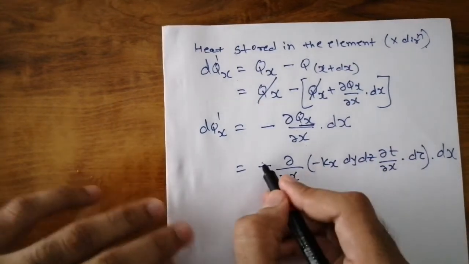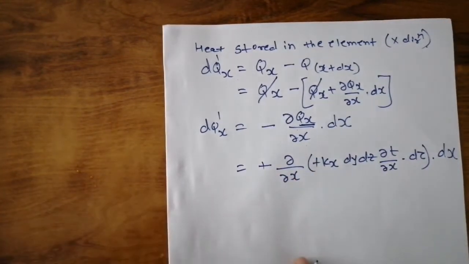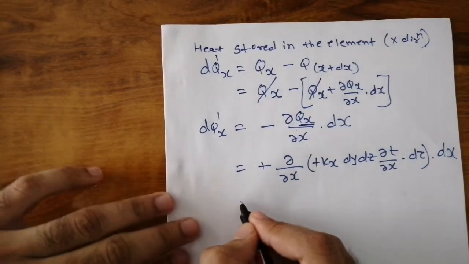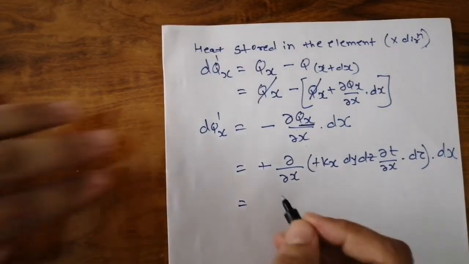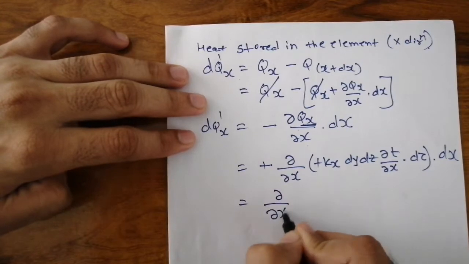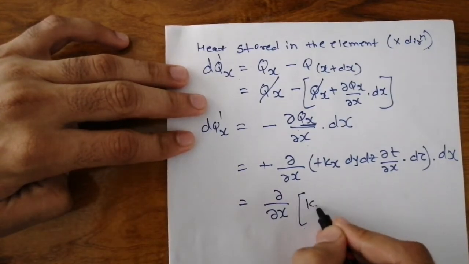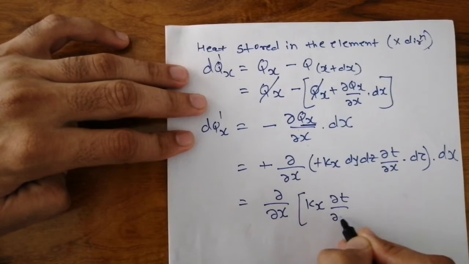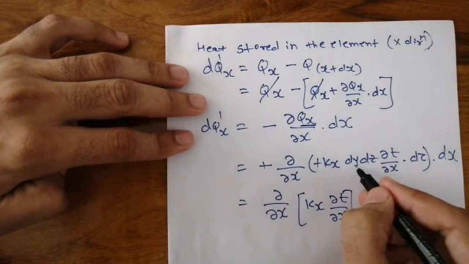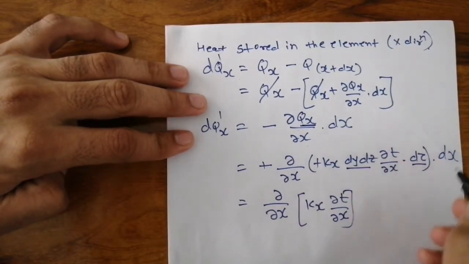Now the first minus sign, minus minus becomes a plus. So it is equal to del by del x, inside the bracket kx del T by del x, and then the rest we take out of the bracket.